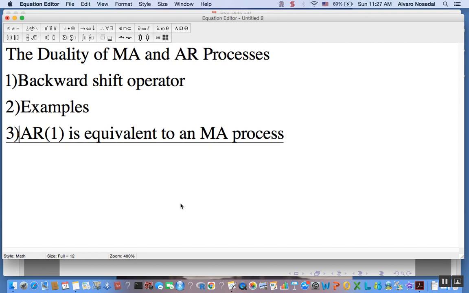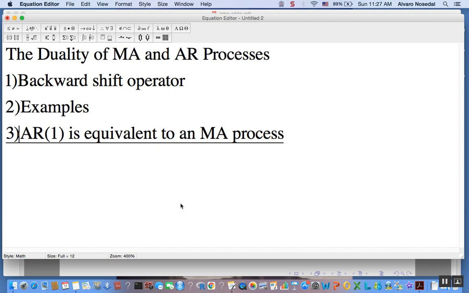Number two, we're going to talk about a few examples of how we can use this backward shift operator to rewrite some processes that we have encountered already. And number three, we're going to combine all this to rewrite an autoregressive process of first order as a moving average. Okay?